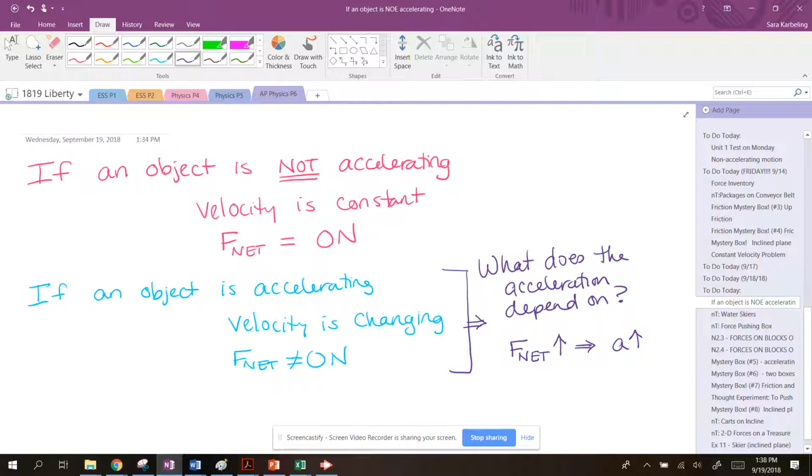So if I push on a big boulder with 12 newtons of force, I'm going to get it to move, right? But its motion is going to be very different than if I push on a little pebble with that same 12 newtons of force. You with me? Does that make sense? Okay. Which one is going to have a bigger acceleration? The big mass or the little mass?